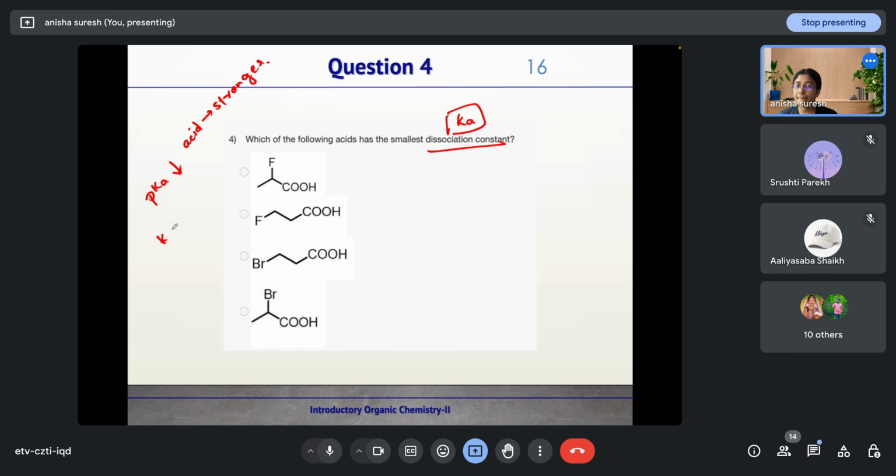As Ka increases, acidity increases. So here they are asking for the smallest dissociation constant. Which among these acids will have the smallest dissociation constant?